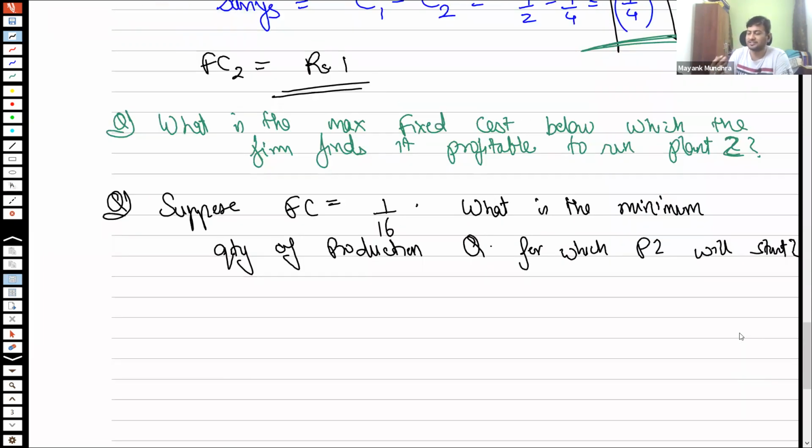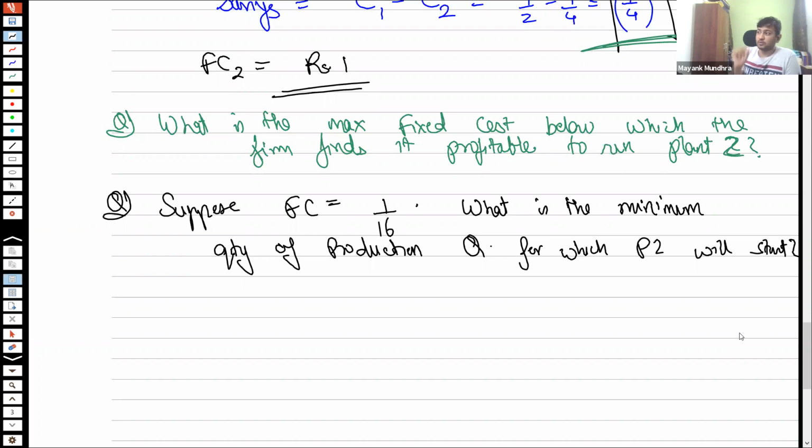Obviously, I have already established that if fixed cost is above 1 by 4, I'll never run it. But if fixed cost is 1 by 16, and the quantity that you want is, let's say, 1 by 100, the demand is 1 by 100. So you just produce this 1 by 100 in plant 1 and you sell it. Why do you even want to start plant 2?